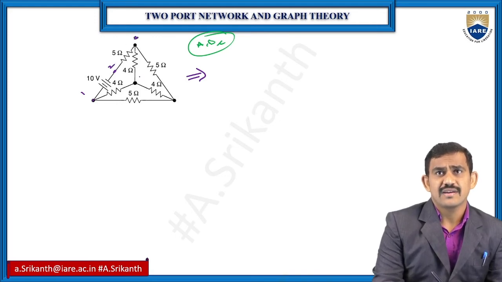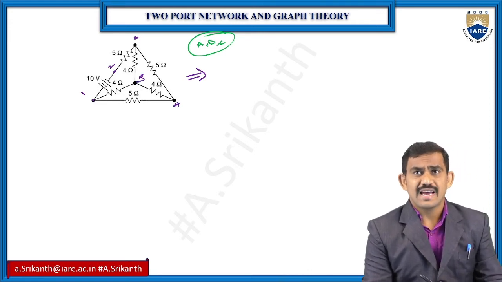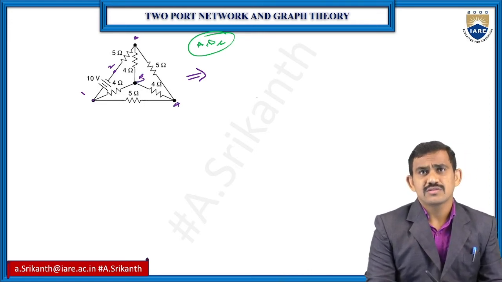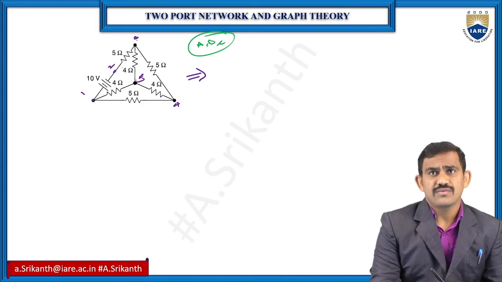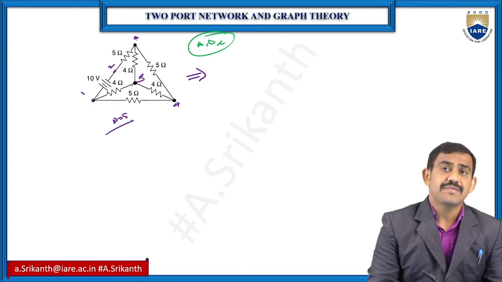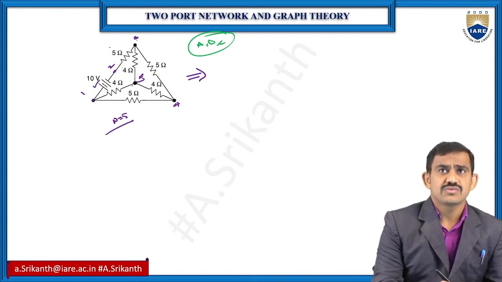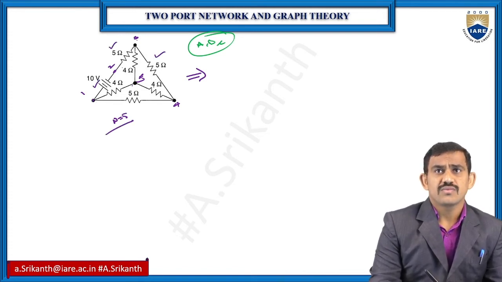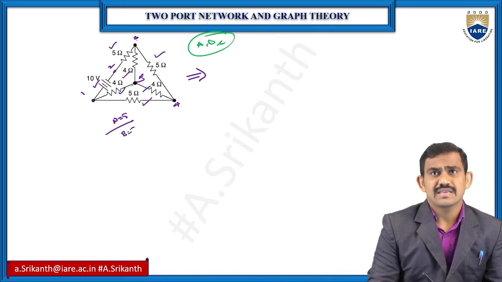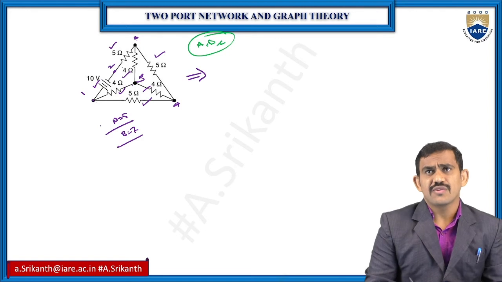Here I have a 4 and this is a 5. So I have total 5 nodes. So 1, 2, 3, 4, 5 nodes, n equal to 5, and branches: 1, 2, 3, 4, 5, 6, 7 branches. Branches are 7.